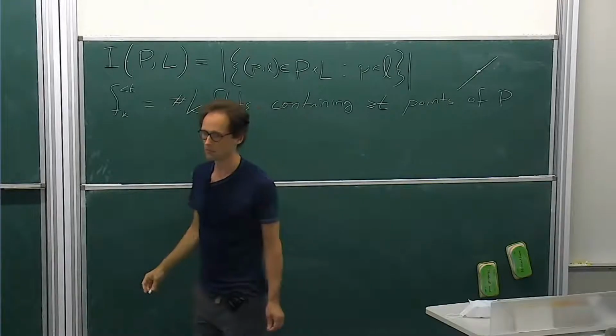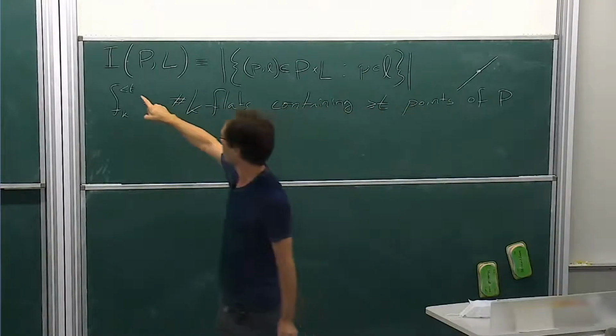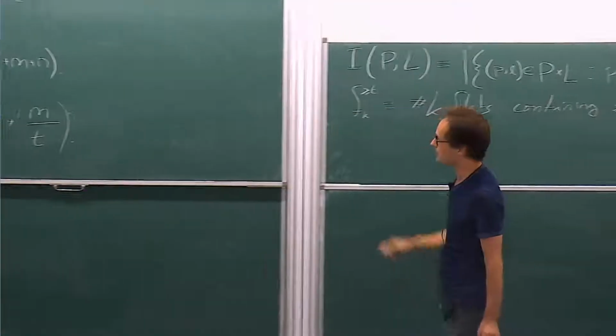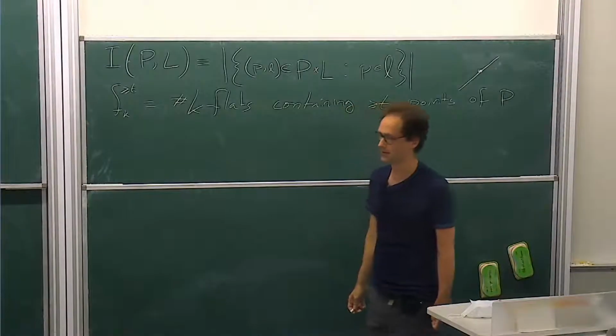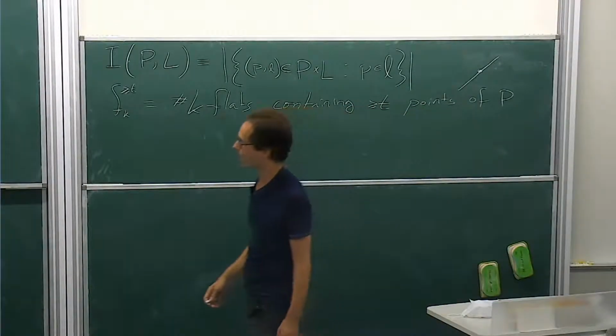Does the at least t there mean you want at least t, or is that specifically another inequality? Yeah, you can put another inequality there, but this is going to be the most important one.